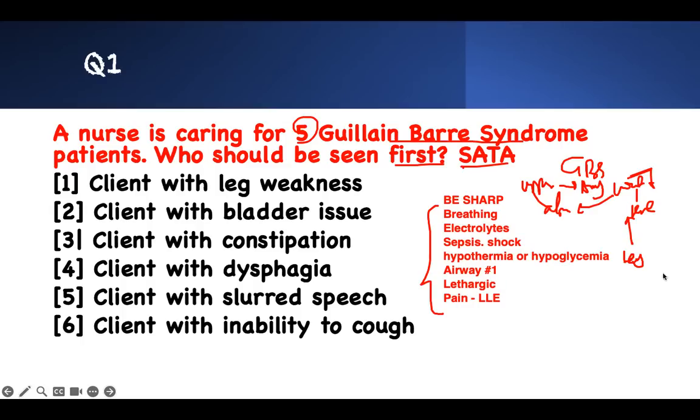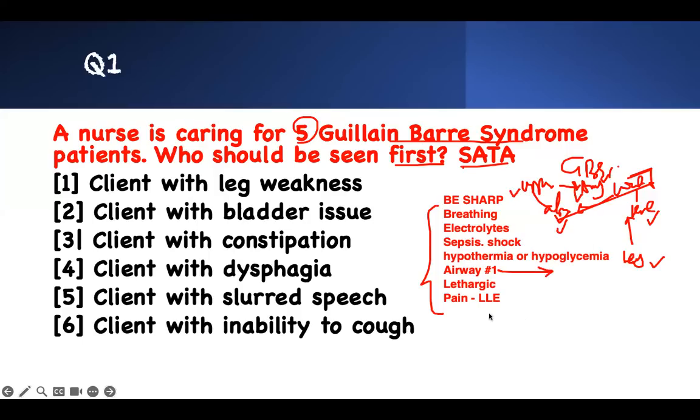Think about it. Do you have a leg problem or an airway problem? Knee problem or airway problem? Waist problem or airway problem? Bladder or bowel problem or airway problem? Upper extremity weakness or airway? As you can see, when you're sharp, airway is number 1.